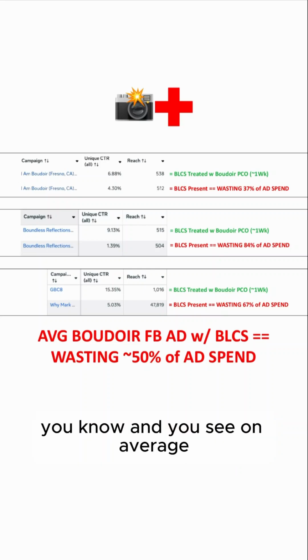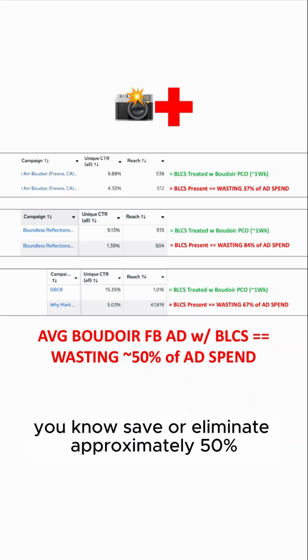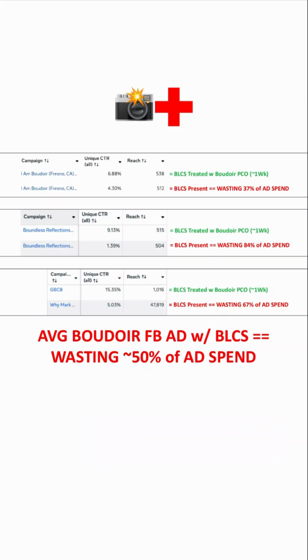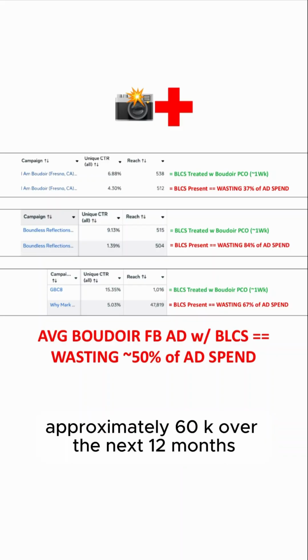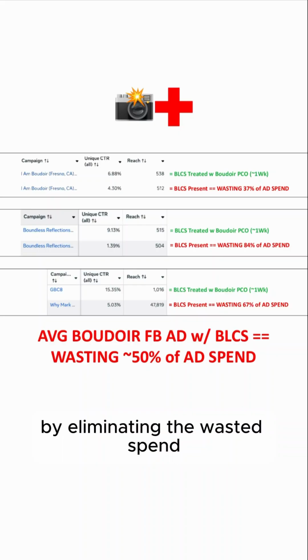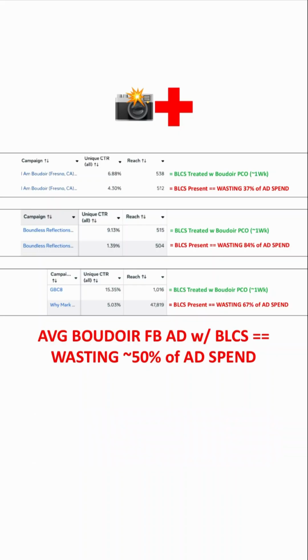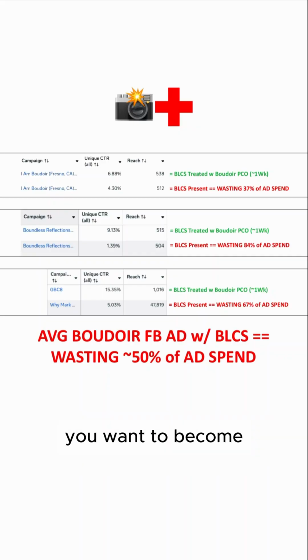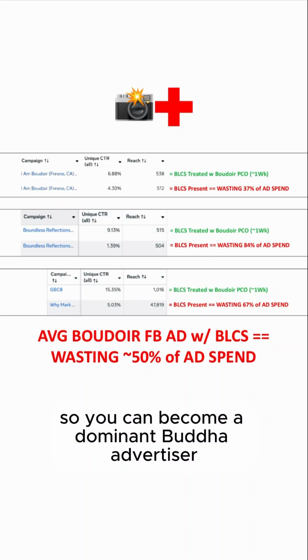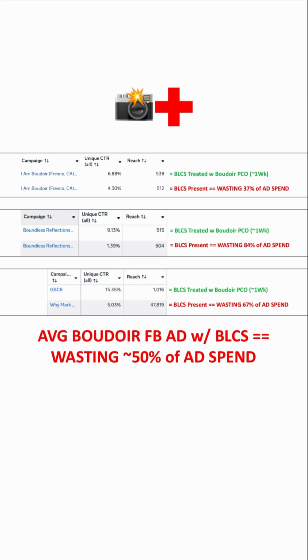And you see on average it can save or eliminate approximately 50%. 5K a month put back in your pocket, approximately 60K over the next 12 months by eliminating the wasted spend and bringing your required spend down. And you want to achieve pre-click alignment, so you can become a dominant Boudoir advertiser with Boudoir Brain Entry Boost, because you know that's what you need on your path to become a #1 boudoir photographer in your city.